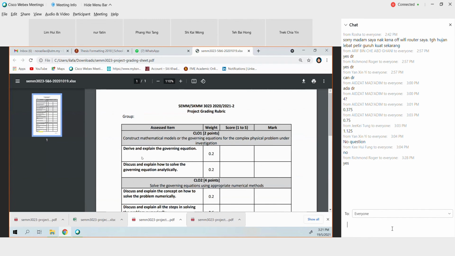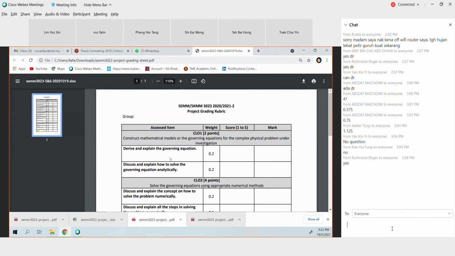You have the cover page of your project, and then the second page is this rubric. When I open it, I will give marks on this page. So what do I intend to see? Derive and explain the governing equation. You must show your derivation and explain your governing equation.